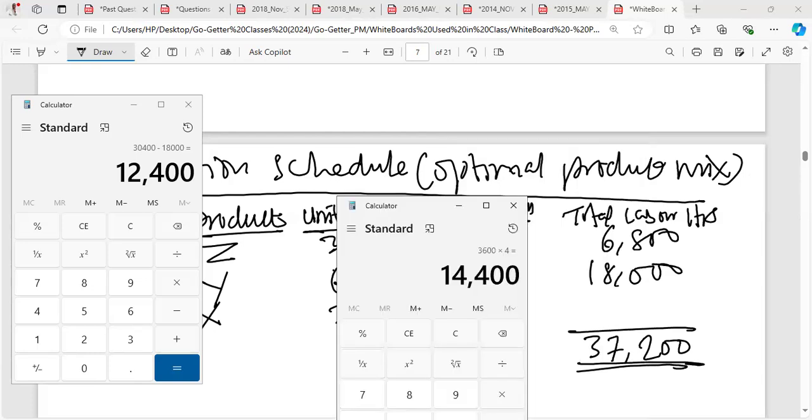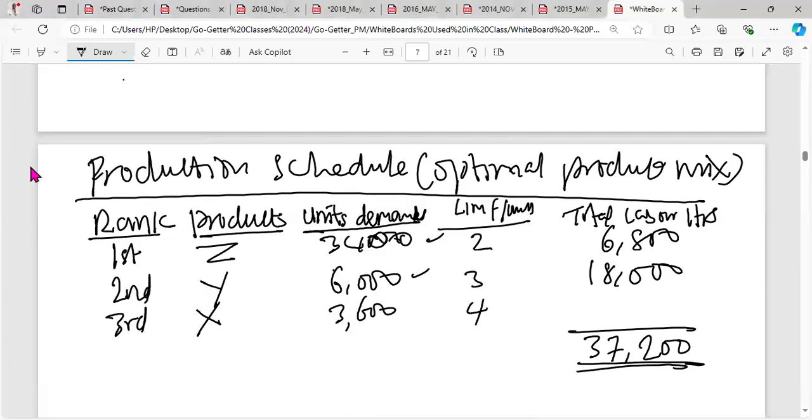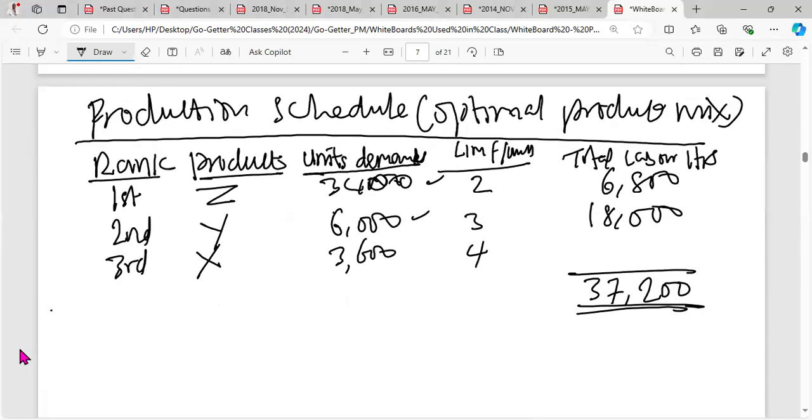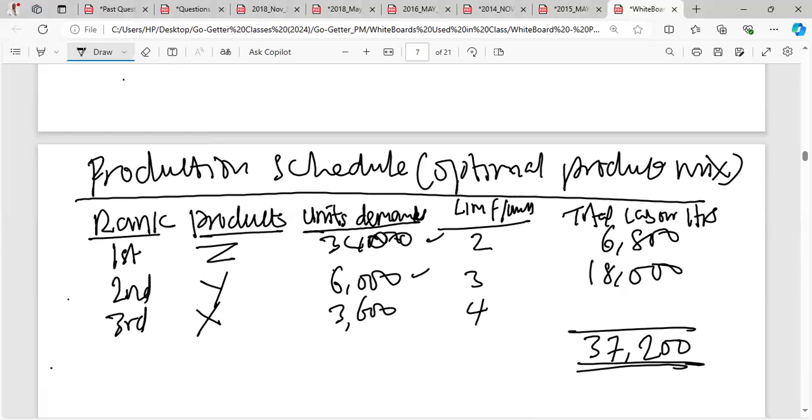You just come here and put 12,400. My screen is blocked. Now 12,400, that's your balancing figure.